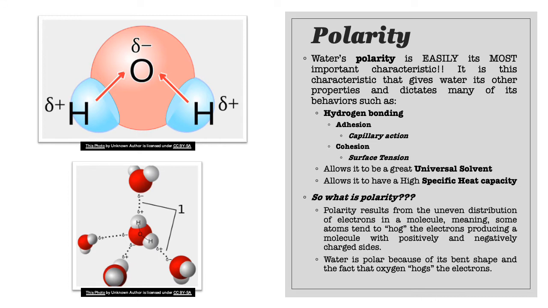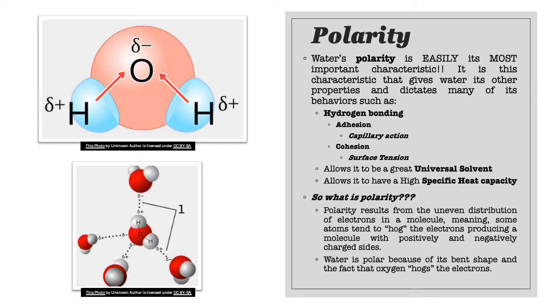But before we do that, we need to have a reminder about what polarity is. We've talked about it a little bit before when we were drawing the pictures of molecules earlier in the semester. Remember that polarity results from an uneven distribution of electrons surrounding a molecule.